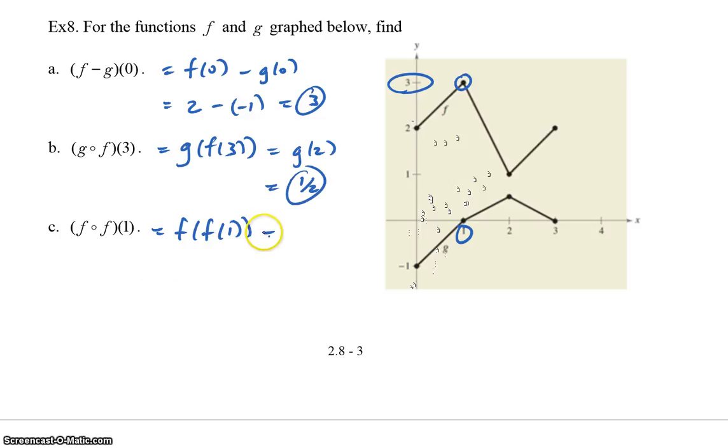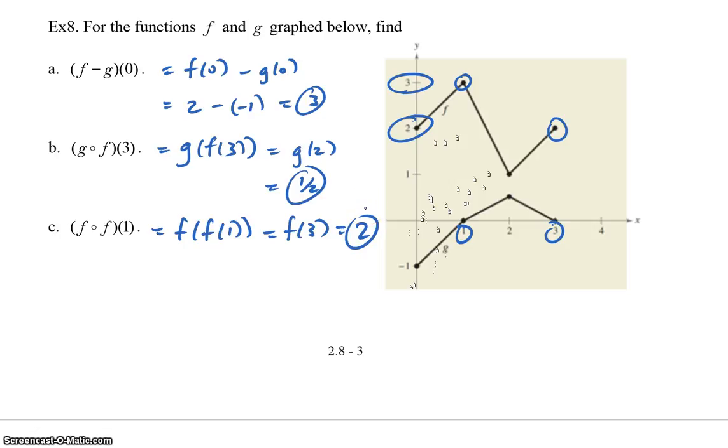So this is f of 3. All right, what is f of 3? I guess we have done that one previously, but here's x equals 3. Look at this point. We see that the y-coordinate would be 2. So f of 3 is equal to 2. Therefore, f composed with f of 1 is equal to 2.